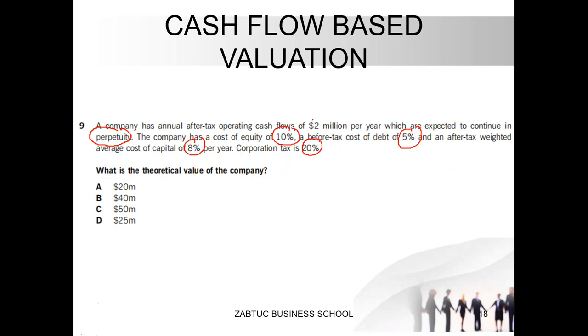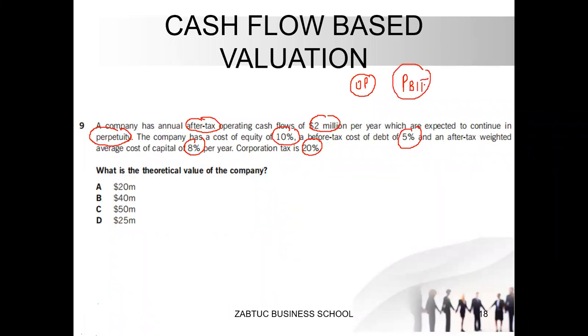All you do is you discount this figure, which is after tax. You find the present value of this figure in perpetuity. And the operating profit. Do you remember operating profit? What it means? This is profit before interest and tax.